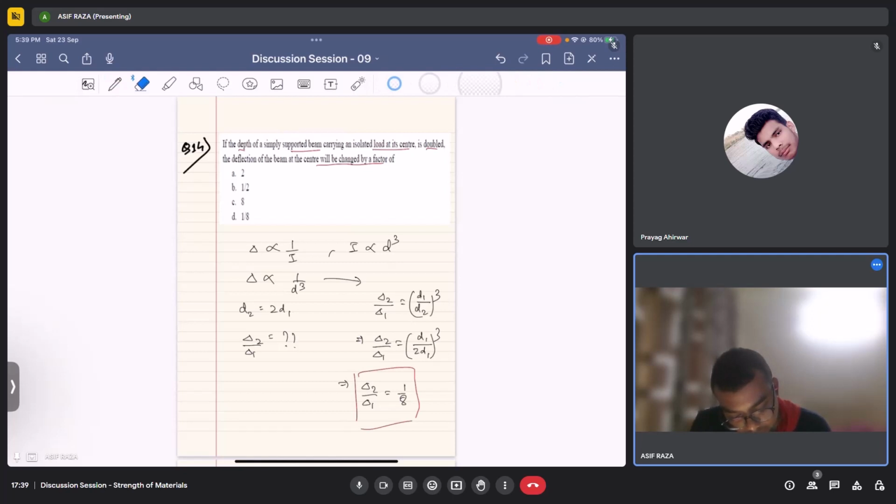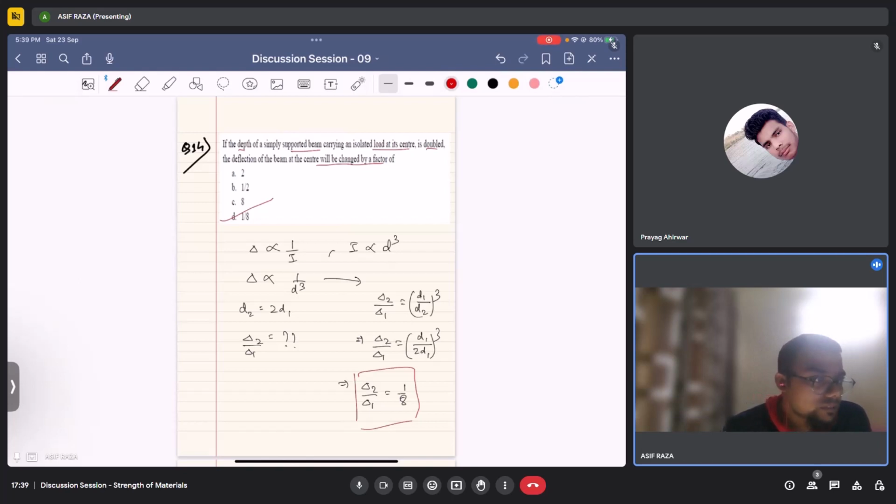Thus our answer would be option D, 1/8. So as we increase the depth of the beam, our deflection at the center will change by a factor of 1 by 8.